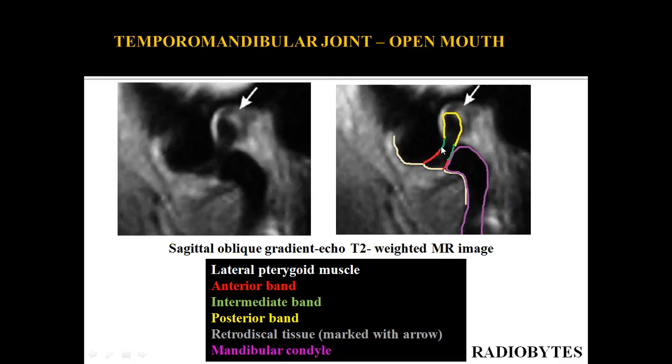This green represents the intermediate zone, and the yellow region represents the posterior band. The tissues behind the disc are represented by a white arrow, and are known as retrodiscal tissues. This dark region over here represents the head of the condyle. This is how the disc will appear in an open mouth position.